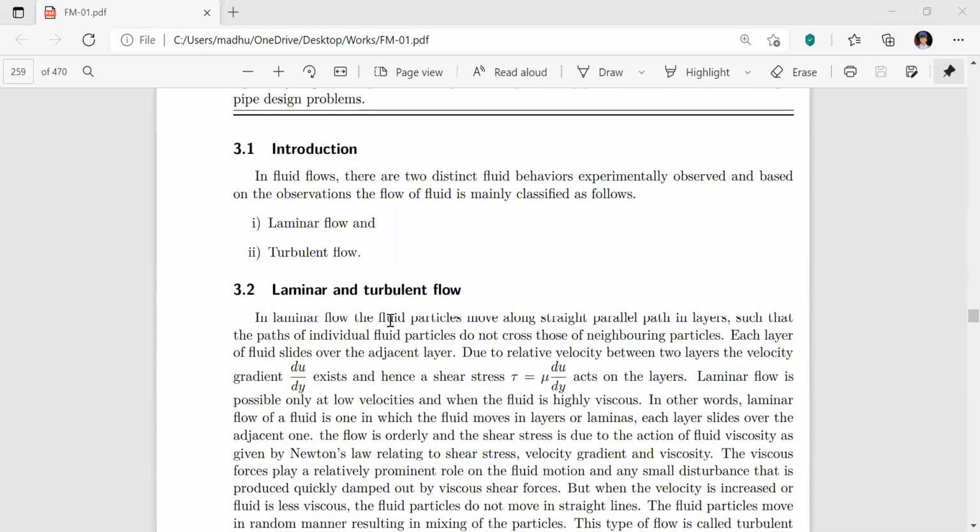So, we first learn what is laminar and turbulent flow. Flow based on the Reynolds number is mainly classified into two types, that is laminar and turbulent flow.